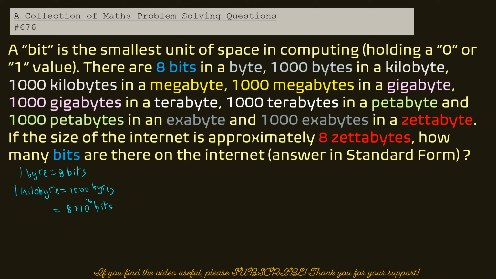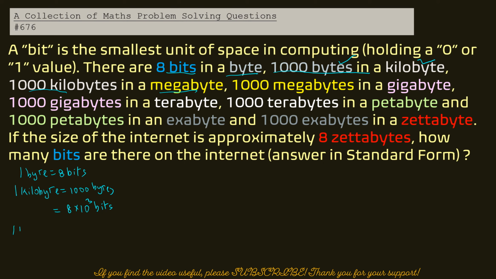So then from 1 kilobyte, I've done the bit, the byte is covered, the kilobyte is also done. So I have to move on to 1000 kilobytes now. So that is a megabyte.